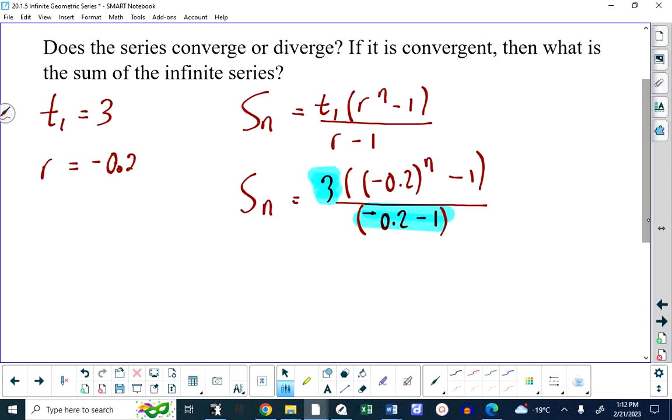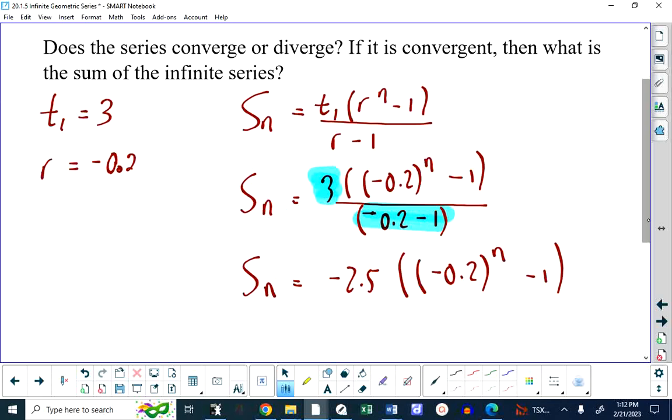So I can write this as S sub n equals -2.5 times, in brackets, -0.2 raised to the n minus 1. I know I made a big deal of multiplying that negative through earlier. I don't want to touch that here because I've got embedded brackets, and I don't want you to perhaps think that some negatives go away. We're going to enter that into our calculator.